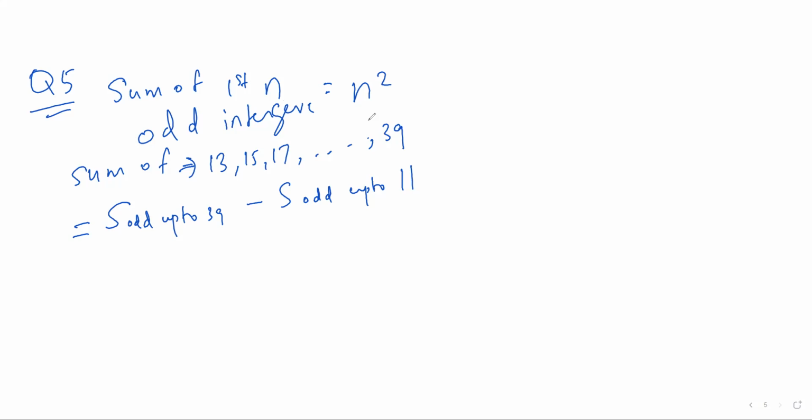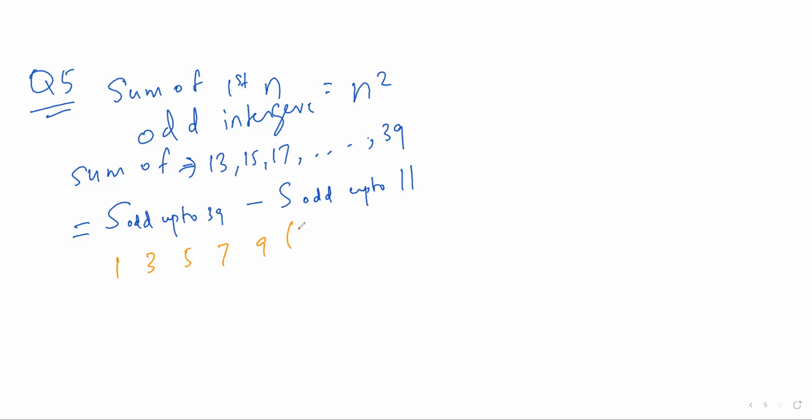The sum of first n odd integers is n squared. Okay. So the sum of odd numbers up to 39 means 39 is which odd number in that sequence. Starting with 1, 3, 5, 7, 9.